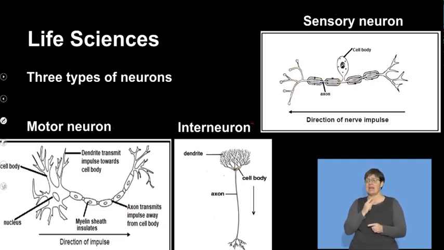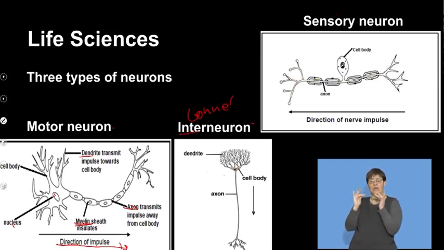The parts you need to know are the cell body, the nucleus, the dendrites, the axons, and the myelin sheath. Then the interneuron or connector neuron is found between the motor neuron and the sensory neuron.